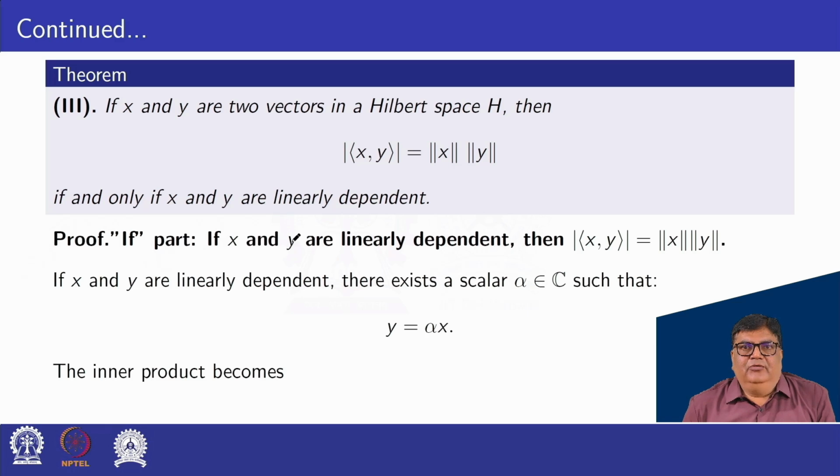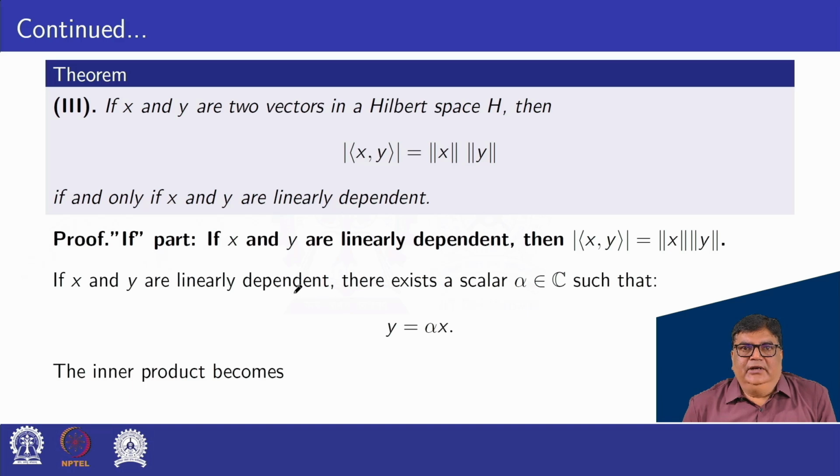If x and y are linearly dependent, then there exists a scalar alpha belonging to C, that is complex numbers, such that y equals alpha x.